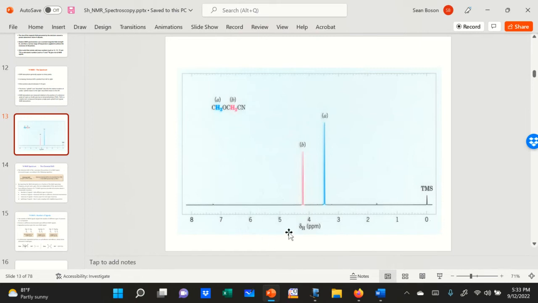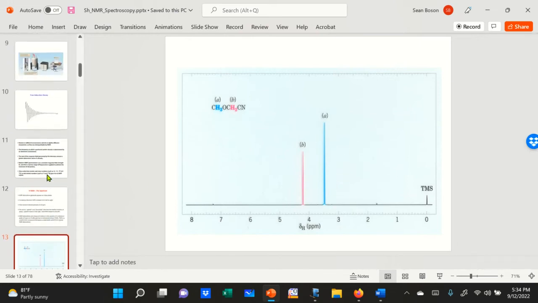The scale is called the delta scale. Here you see delta H, meaning delta for proton NMR. The unit is ppm, parts per million. We may talk about that very briefly. And you get some spikes, and that is your NMR spectrum you will be analyzing.